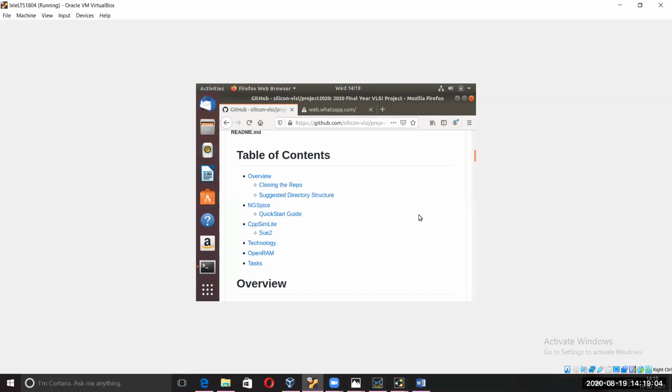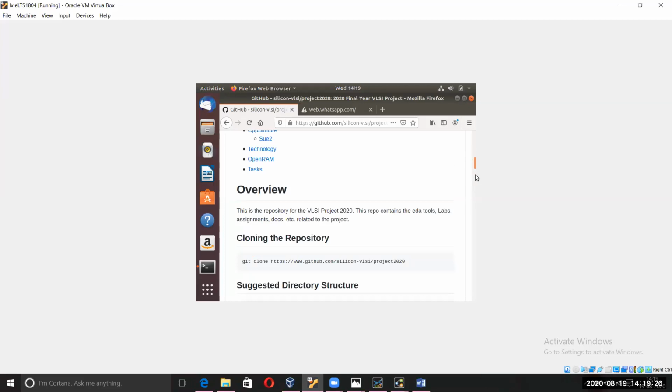Once you do the git pull, you will be updated with the recent changes, the recent directories, and the CPPCM, everything. That's why we do a git pull, to get updated with the recent changes on the GitHub page.